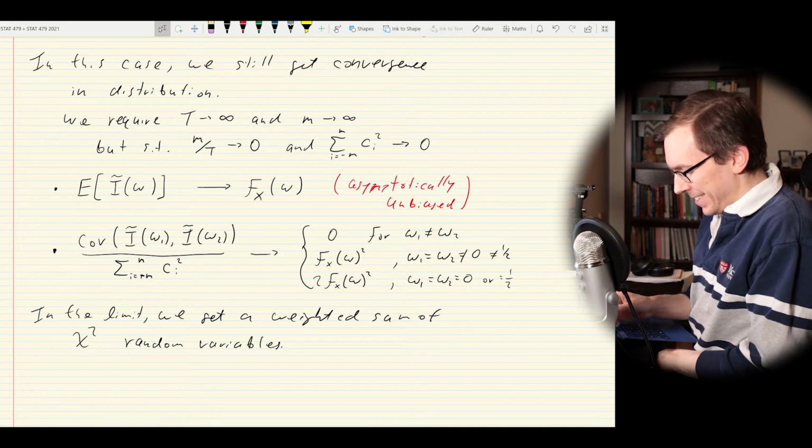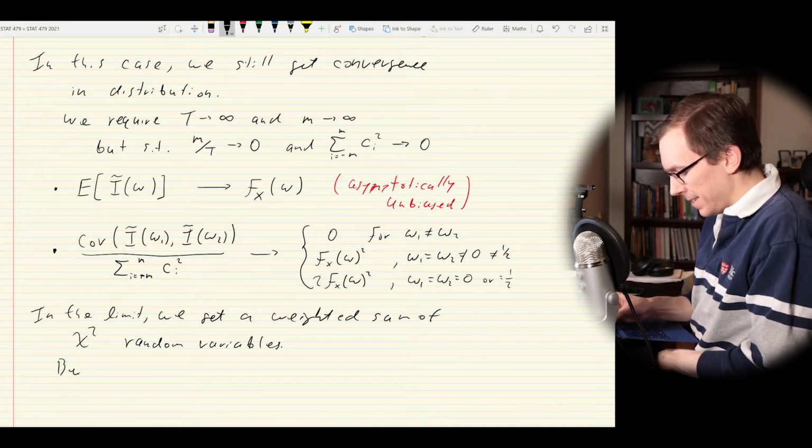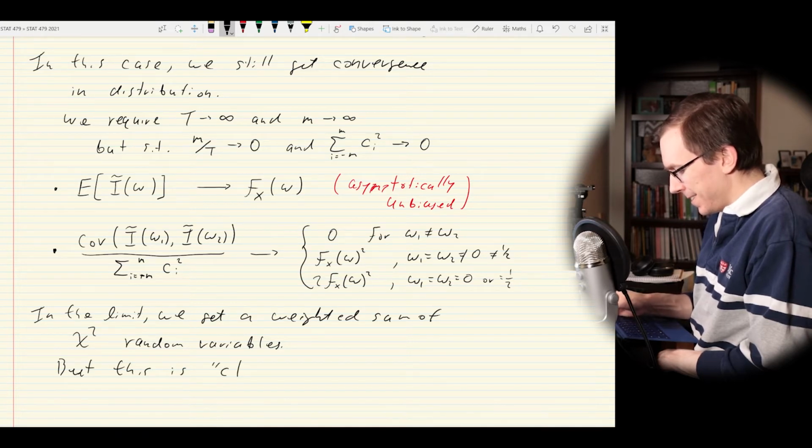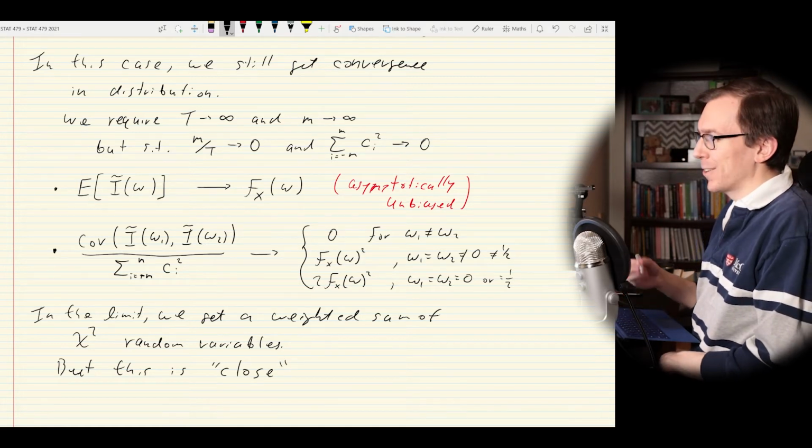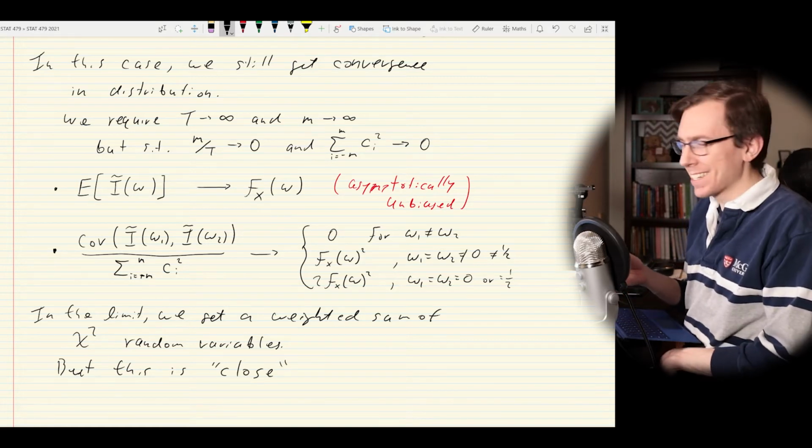So instead, this is close, which I'm going to put in quotes because I'm not actually sure how close it is and in what metric it's considered close.